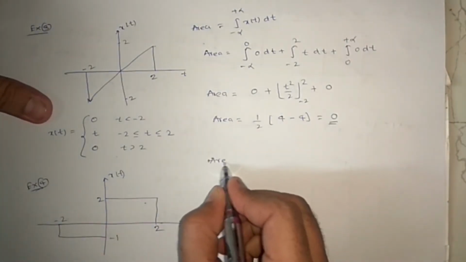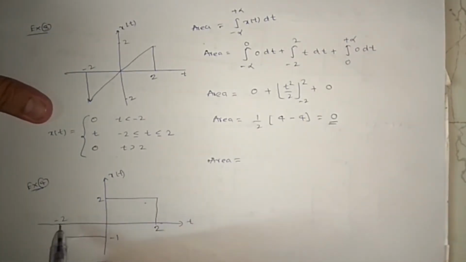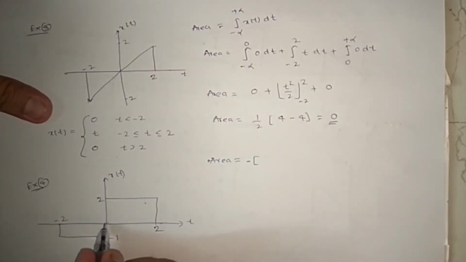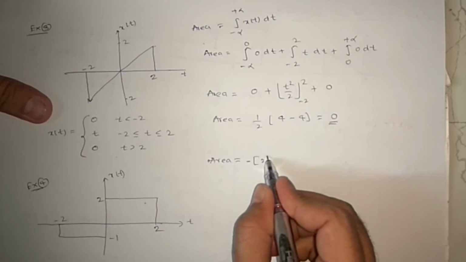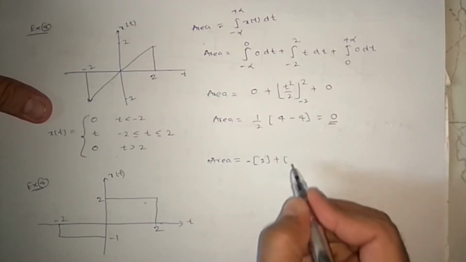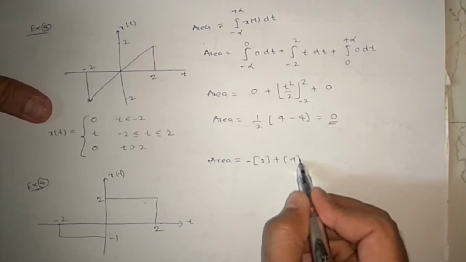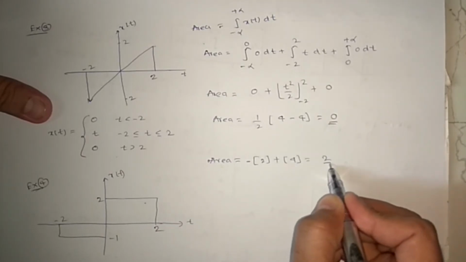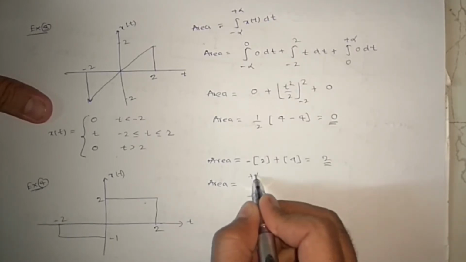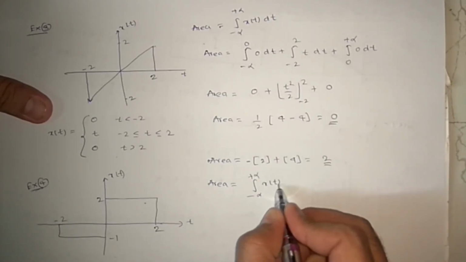Let us find the area directly in this. See, this is the negative side area. We'll keep the negative sign. So 2 into 1 is 2, plus here 2 into 2 is 4, right? So total area is 2. Go with the formula: area equals the integral from minus infinity to plus infinity of x of t dt.